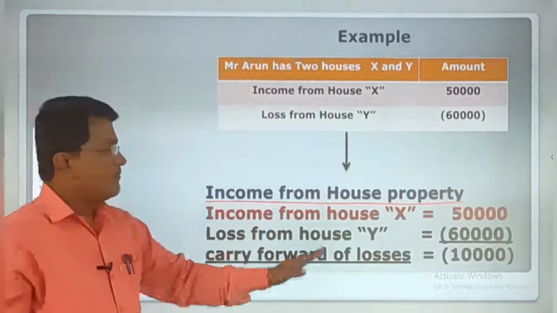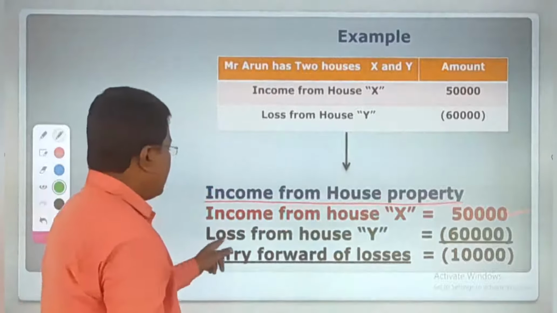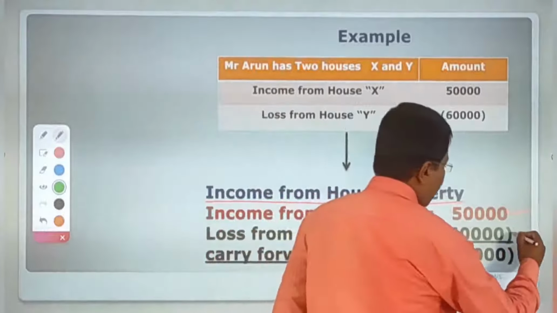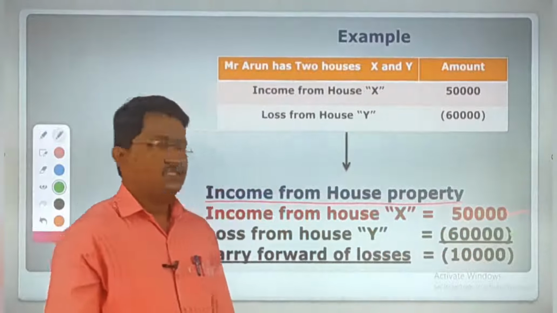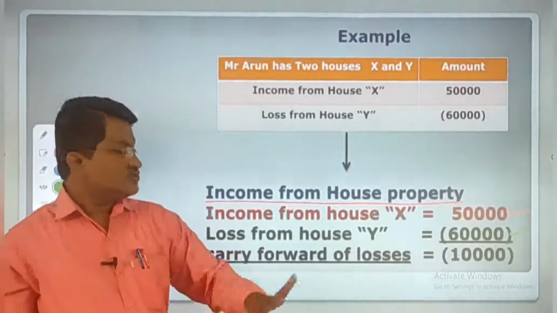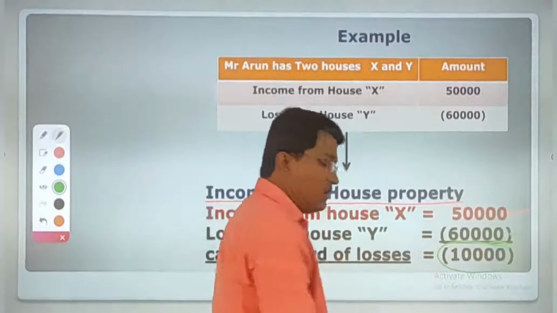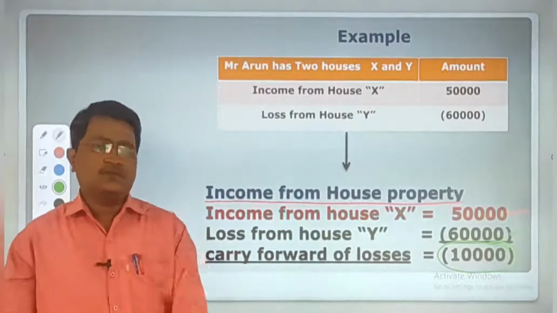So income from house X is 50,000, and next loss from house Y is 60,000. So we can set off up to 50,000. So still 10,000 loss remains in this current year, right?